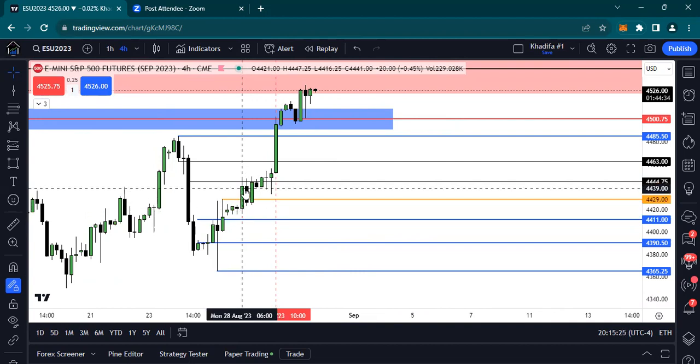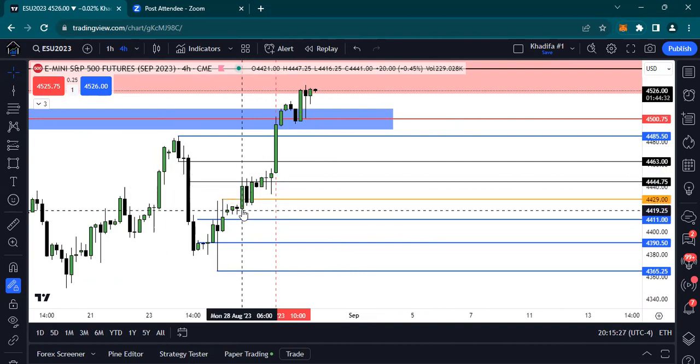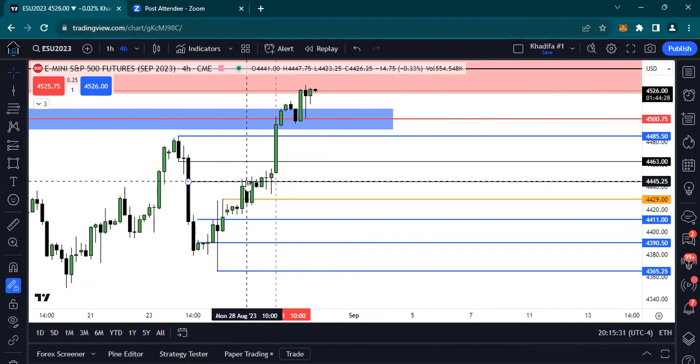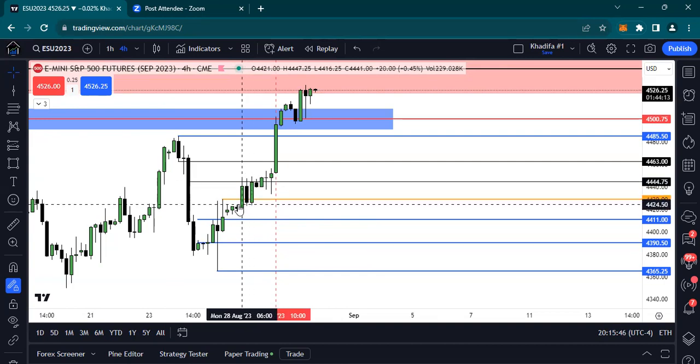Monday we had that aggressive run of Friday's buy side liquidity, and we ran straight up into Thursday's 62% premium level. This was the execution I made Monday off of that 62% level, back down to this volume imbalance that we see here.